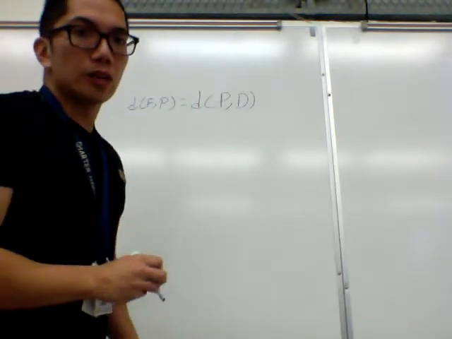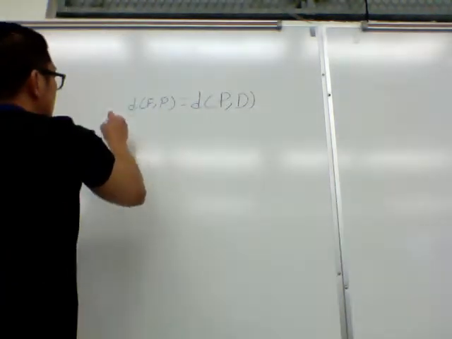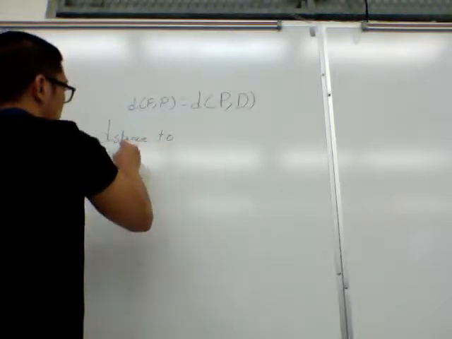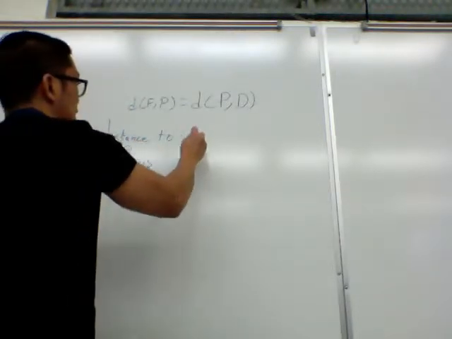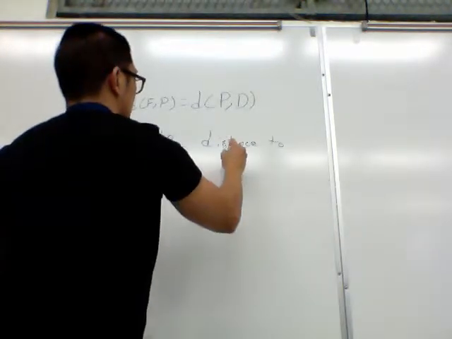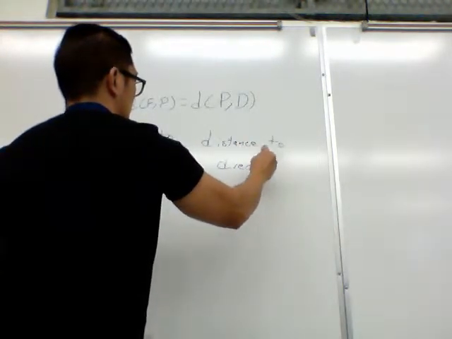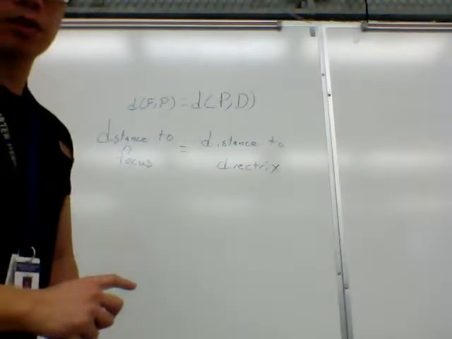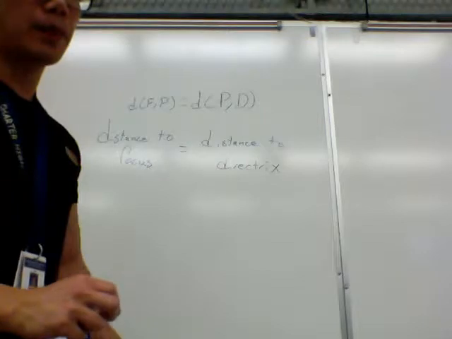Okay? So basically, it's distance to the focus is equal to distance to the directrix. And we went over this in Algebra 2, so we're going to see it again here.